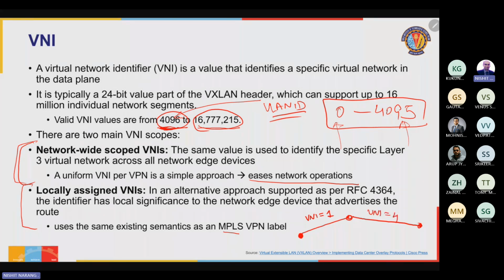It's denoting the same tenant specific virtual network, but it is known as VNI 1 to this node, VNI 4 to that node, and so on. So I keep switching the ID value from node to node. It's basically saying the VNI has local significance only.